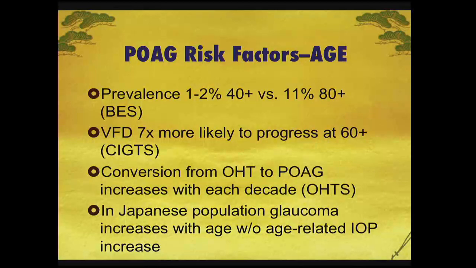Conversion from ocular hypertension to primary open-angle glaucoma increases with each decade of age, and that's from the Ocular Hypertension Treatment Study. And then in a Japanese population, glaucoma increases with age without an age-related IOP increase. And anyone who was at Grand Rounds the last week or two will remember that in Japan and Korea, low-tension glaucoma is the prevailing form of glaucoma.